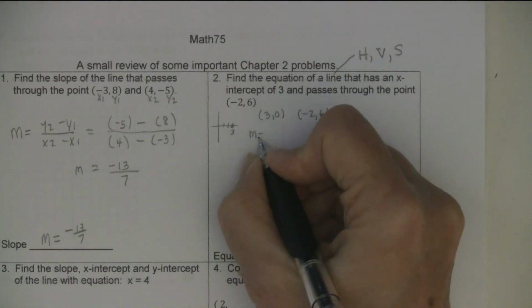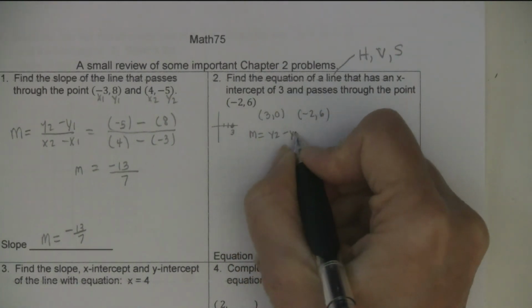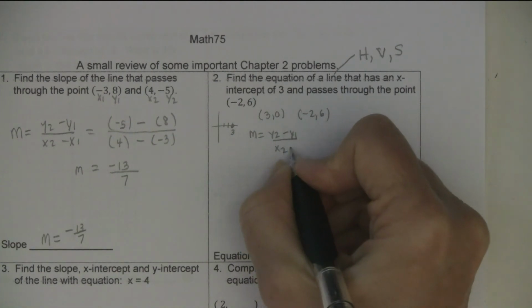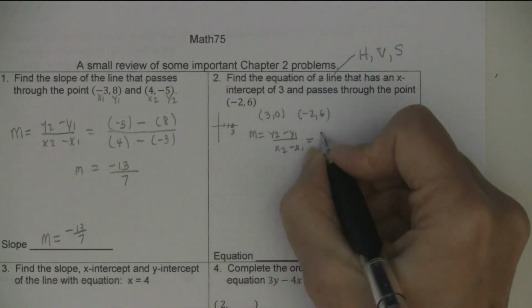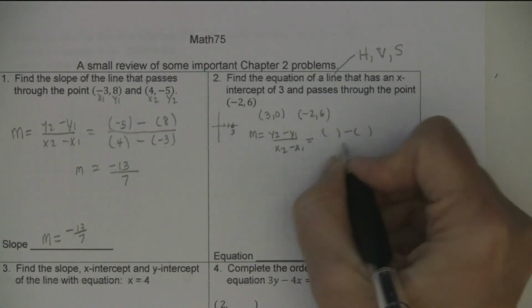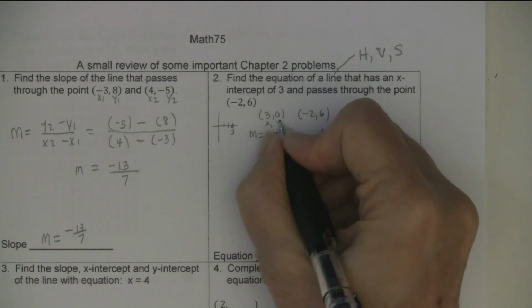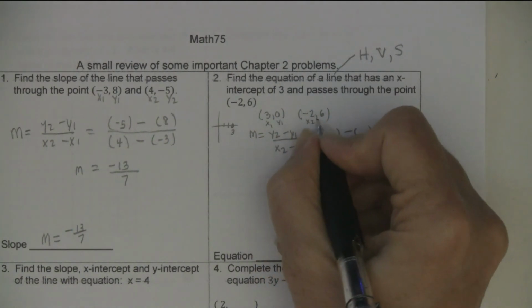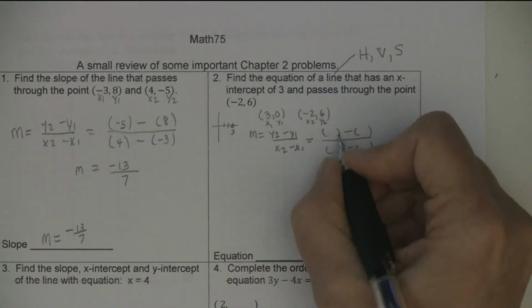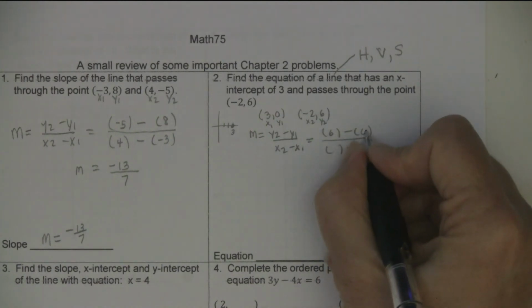So the slope is y2 minus y1 divided by x2 minus x1. This minus this over this minus this. Name them whichever way you want, the ones and the twos, point 1, point 2. And so this is 6 take away 0.